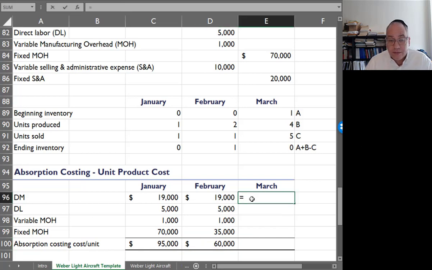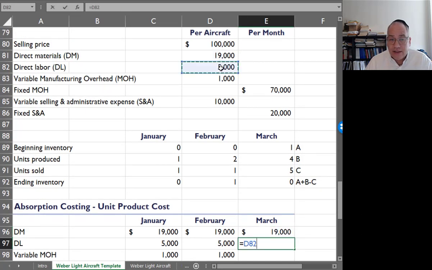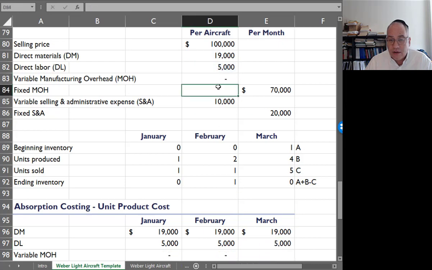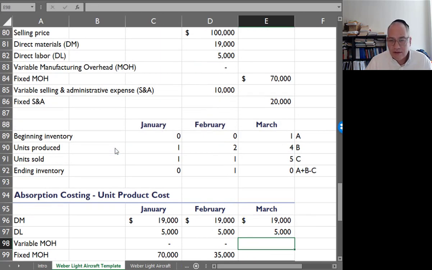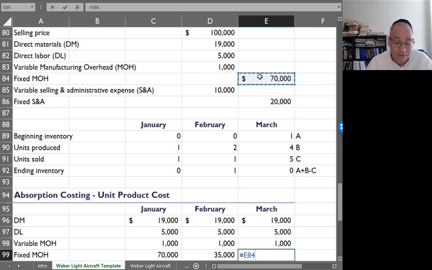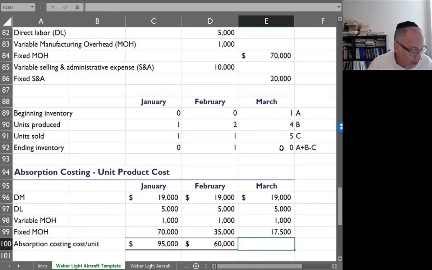For March, my materials again is 19,000, labor is 5,000, variable overhead is 1,000. And fixed overhead was total 70,000, and I used that to produce 4 units. So my fixed overhead per unit is $17,500 per unit.